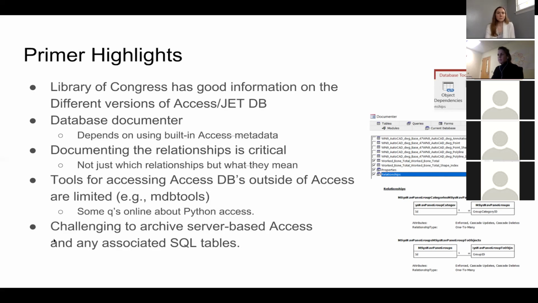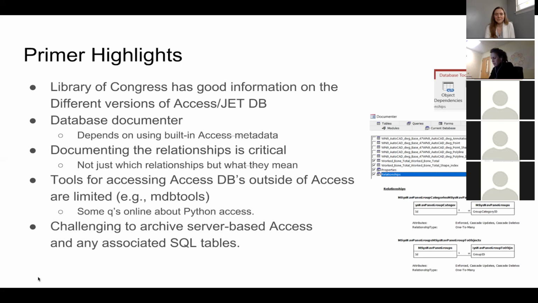The database documenter is a tool that's included in Access that is really useful from a curation point of view. What it does is it basically extracts all the column information, data types, and all the relationships from the database and exports it into a PDF file. So it's kind of like a first pass to understand what's going on. This is probably the thing to run.